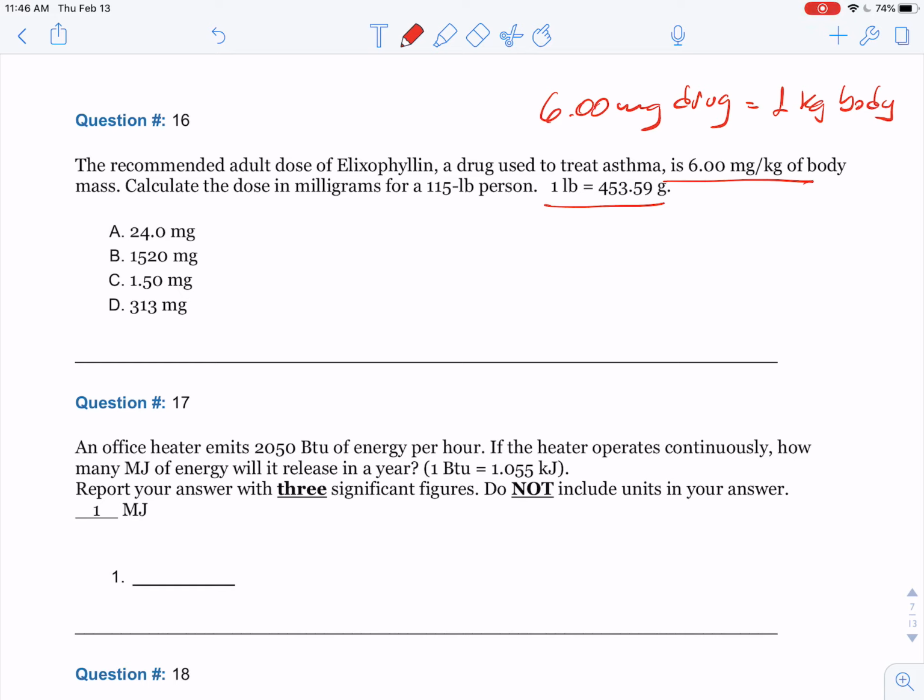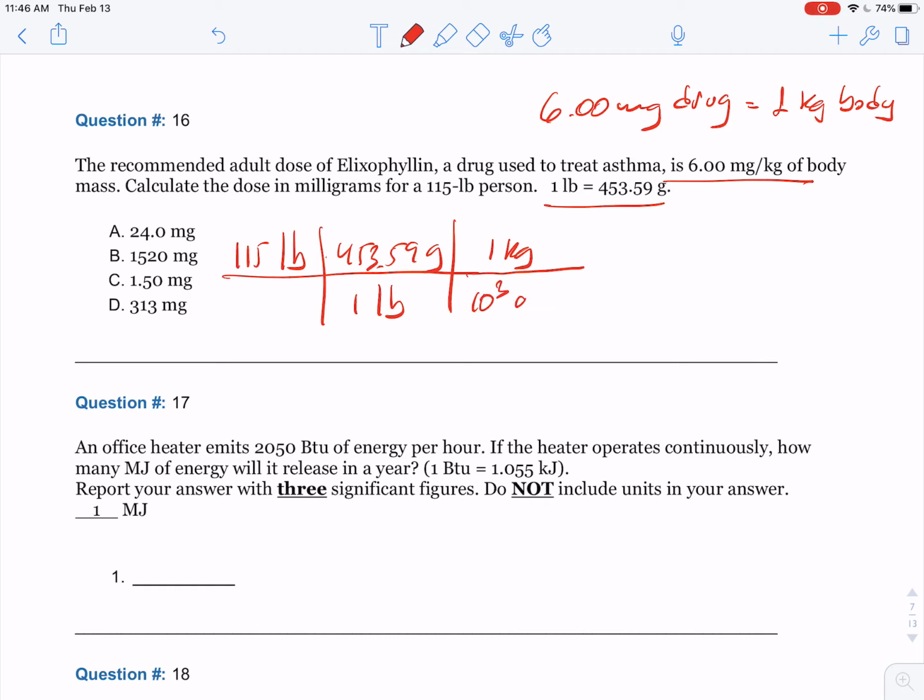So you're starting with the weight, 115 pounds. So you can convert that to grams, 453.59 grams per pound. You have kilograms of body, so you have to take that to kilograms. So 1 kilogram is 1,000 grams.